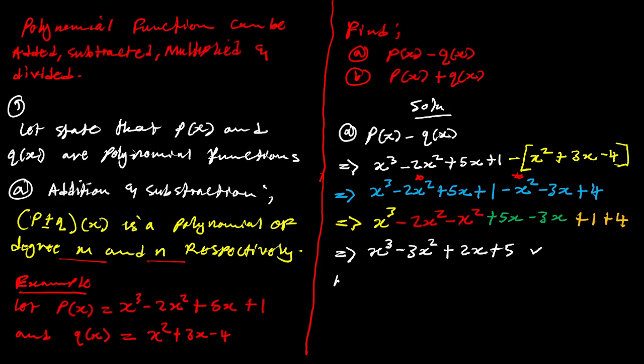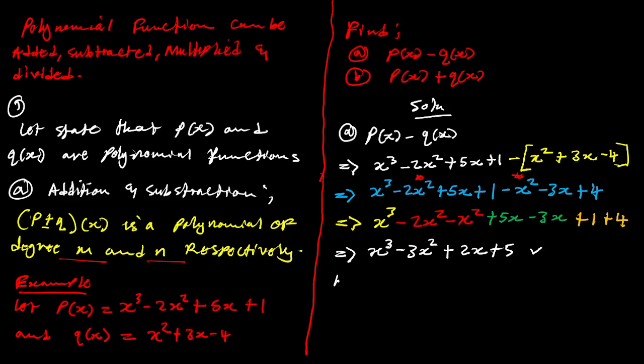Let's quickly look at B, and then I'll allow you guys to ask questions. So I have px plus qx. For this one, you don't even need to worry. You are going to write px, which is simply x cubed minus 2x squared plus 5x plus 1.